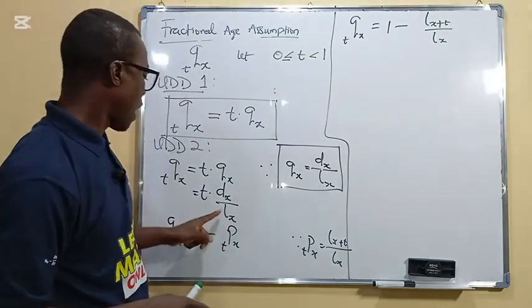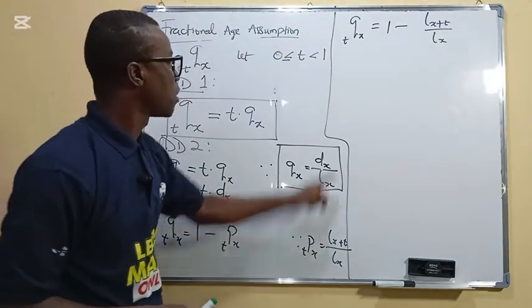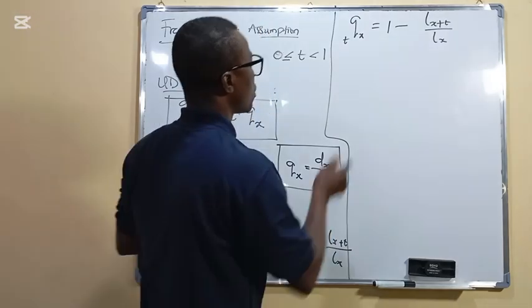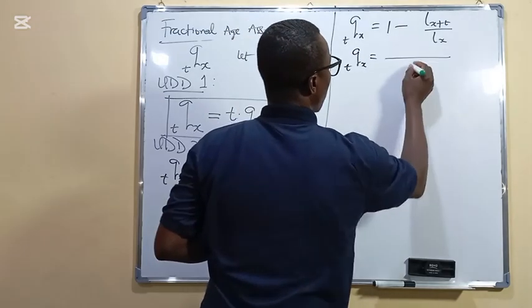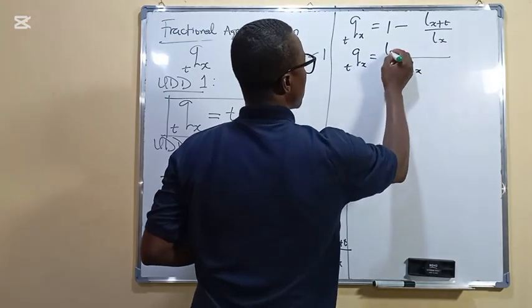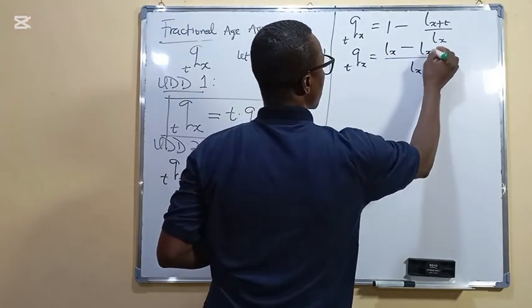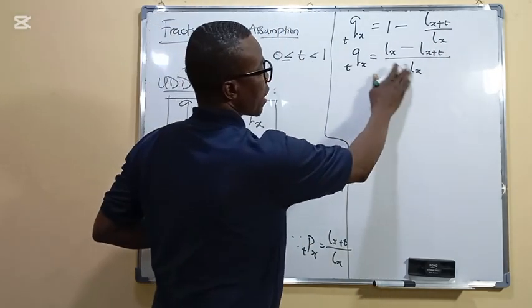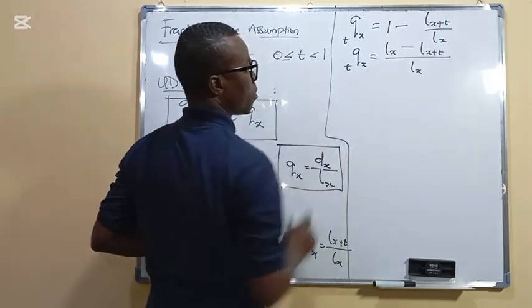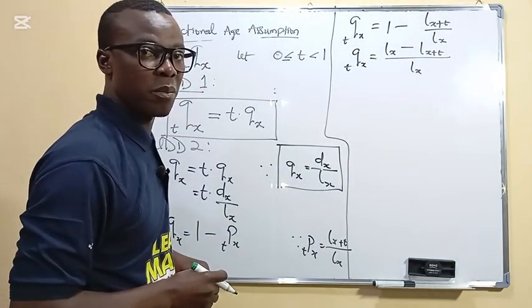Now when I plug it into this particular equation, I'm going to see that qxt is the same as saying I'm finding the lx here. I'm going to say this is lx minus lx plus t, taking lx as the LCM that we have. So we can see that this brings us down to this particular point.